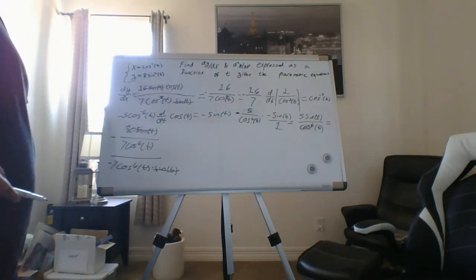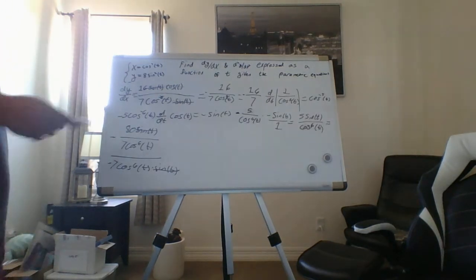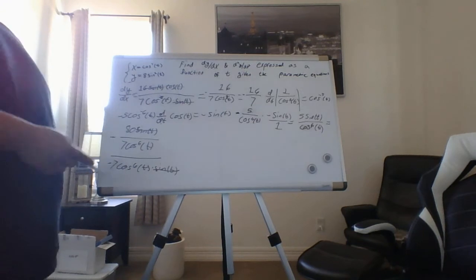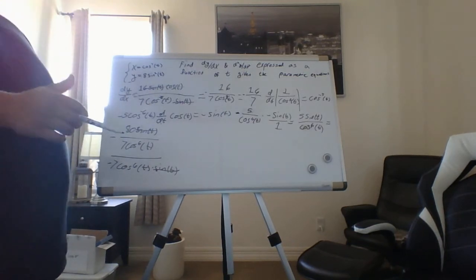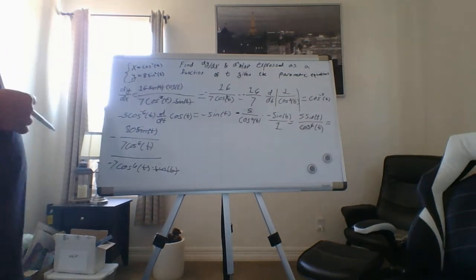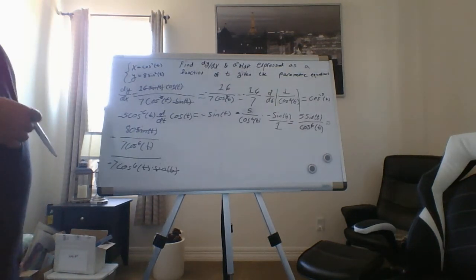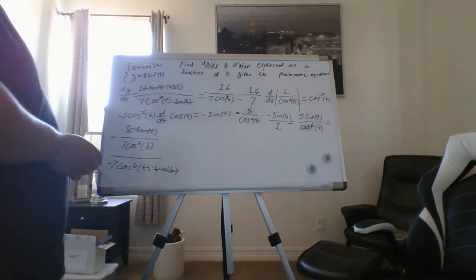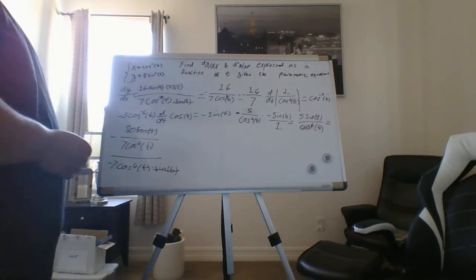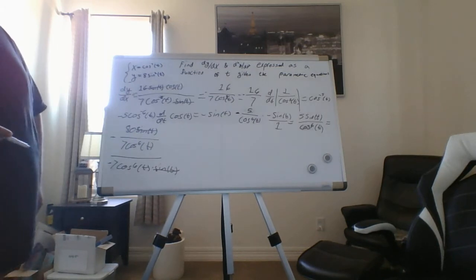Now, in order to get rid of this at the bottom, because we can't have a denominator of a denominator, that's just ludicrous, we have to get rid of it. This is going to suck, but we multiply the sevens, and that gives us 49.